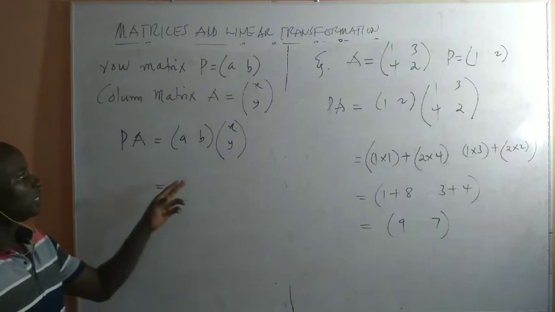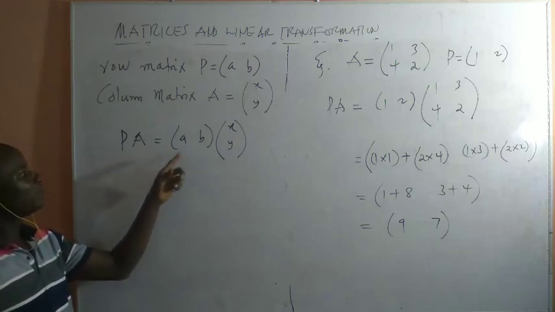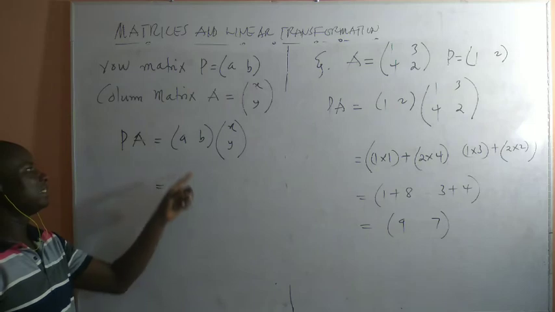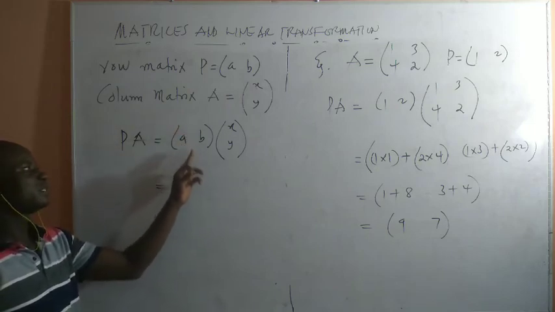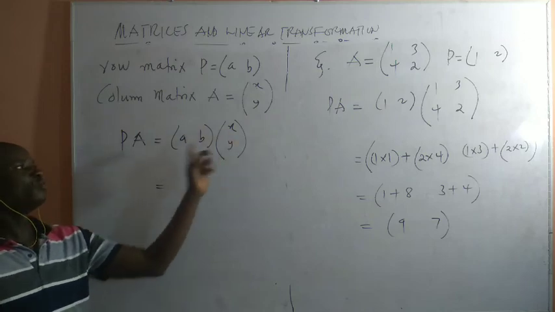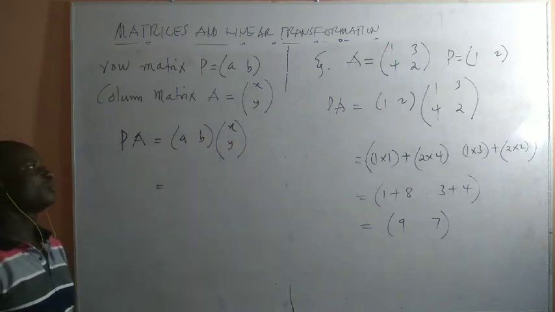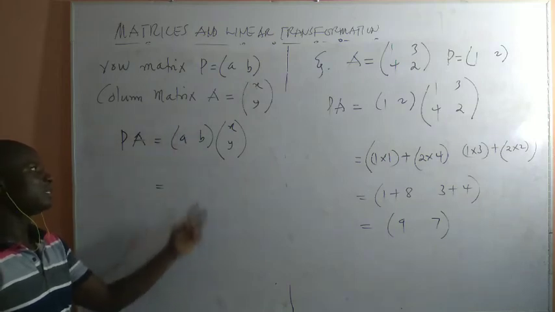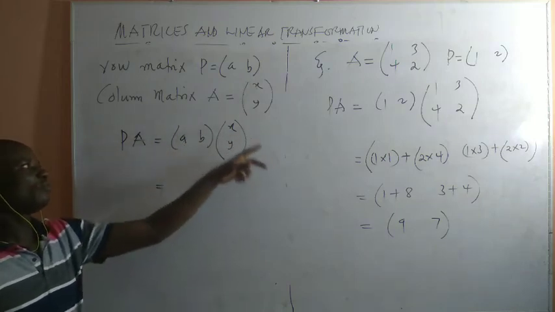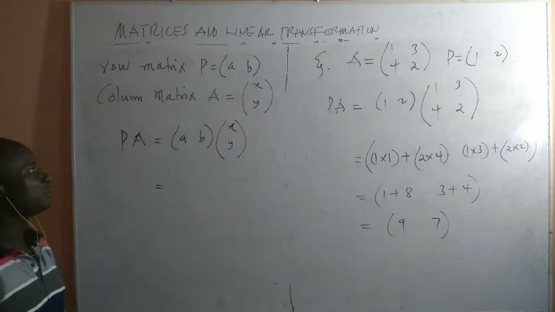Take note that we are able to multiply the row matrix by the column matrix, because when you look at this, you realize that the number of columns of the first matrix is 2, and the number of rows of the second matrix is also 2. Because the number of columns of this row matrix is equal to the number of rows of the column matrix, then we can multiply.